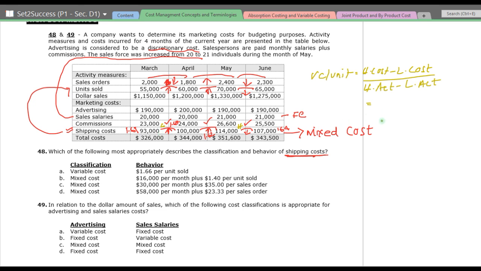The highest activity is 70,000 and the lowest activity is 55,000. So 70,000 minus 55,000 will give you the variable cost per unit, which comes to 1.4 per unit.